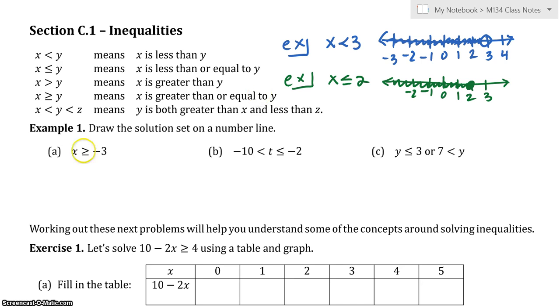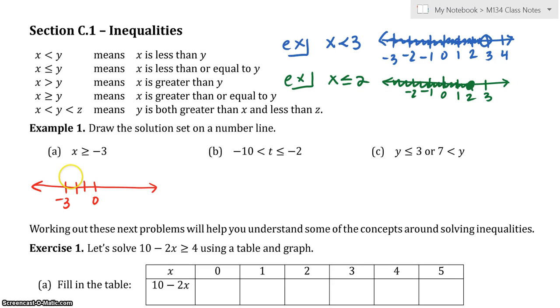It's right there. So let's try their example. It says draw the solution set on a number line. Oh, so we now know how to do that. I'm going to do it in red. So again, I'm going to put 0 in the middle, and maybe this is my -3. Now this is bigger instead of smaller. So what is bigger? Right, bigger than -3.